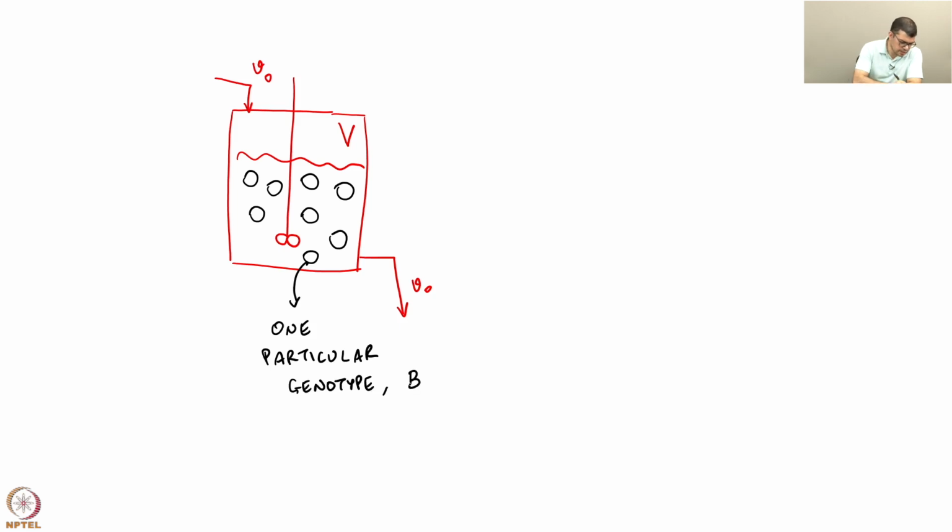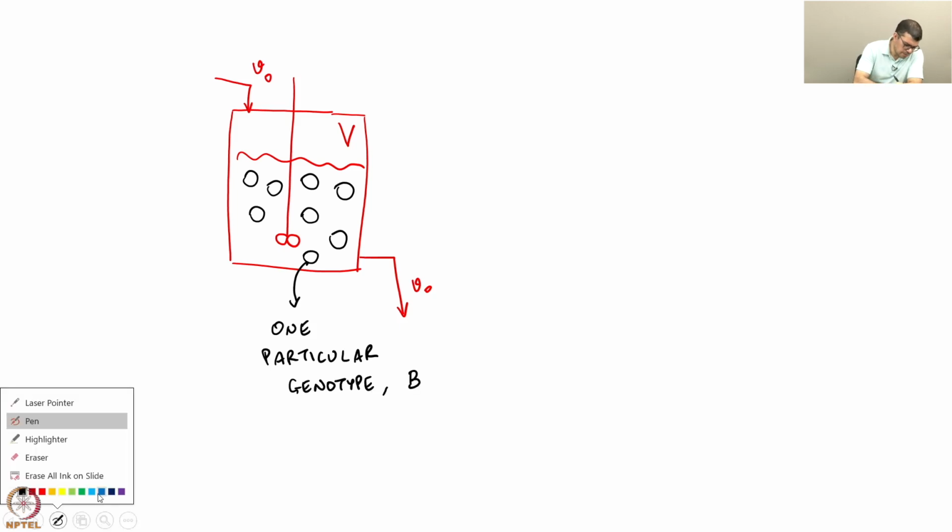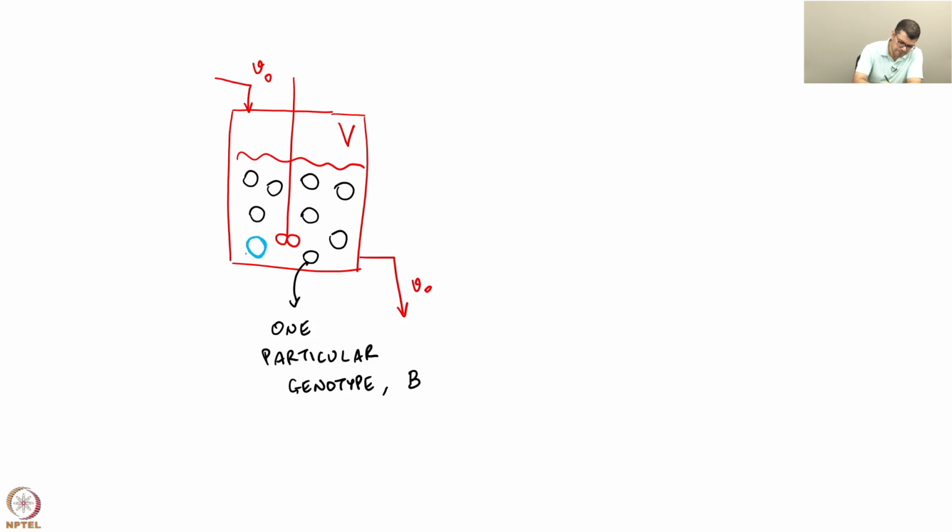And at this time, a blue individual comes into the population, and this is an A type individual, which is carrying a mutation, and this mutation may cause a change in fitness or may not cause a change in fitness.